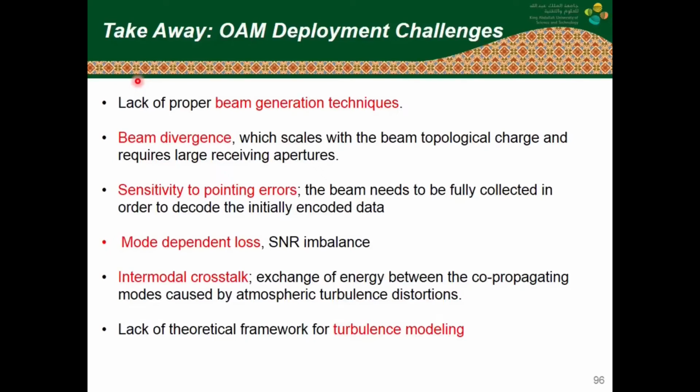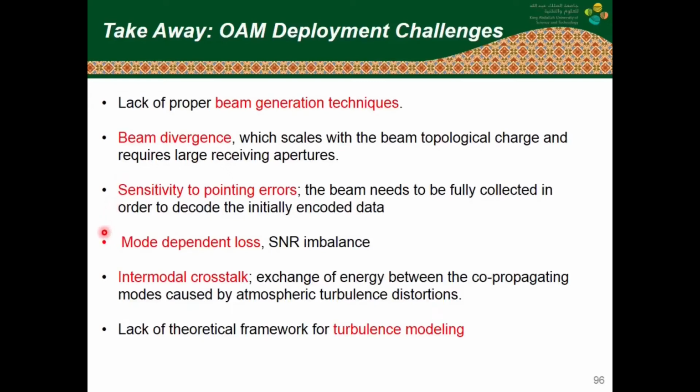Here are some takeaway messages from this part of the presentation concerning the OAM deployment challenges. Beam divergence scales with the beam topological charge and requires large receiving apertures, larger than those for Gaussian beams. The beam needs to be fully collected in order to decode the initially encoded data, which makes OAM beams very sensitive to pointing error.